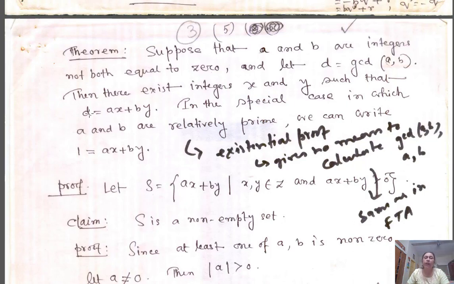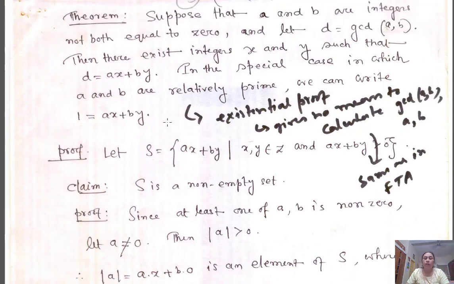Given a and b, how to find d or how to find x and y, this proof will not give that information. We will discuss the Euclidean algorithm and also the extended Euclidean algorithm to find the GCD as well as x and y. We'll discuss those algorithms.